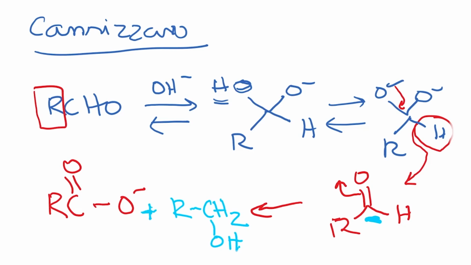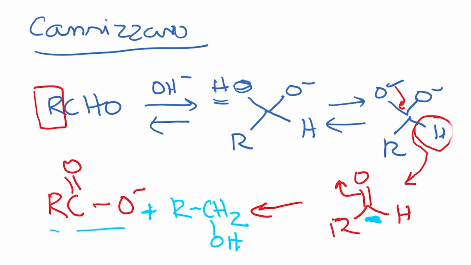So therefore, this is not a reduction reaction, but actually it is a redox neutral reaction because the aldehyde is now oxidized to the carboxylate or reduced to the alcohol. So you get equal amounts of the carboxylate as well as the alcohol. So therefore it is not a reduction or an oxidation reaction.